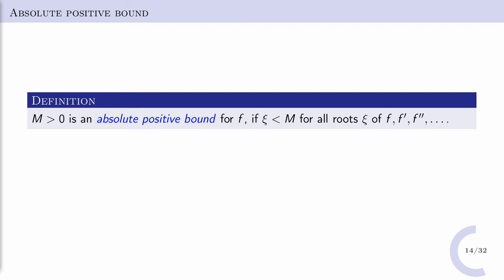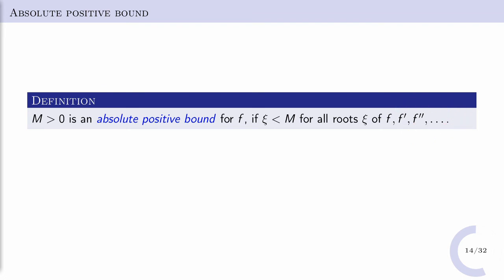We'll say that M is an absolute positive bound for the roots of f if all the roots are bounded from above by M, but not only the roots of f, but the roots of f, f prime, f bis, and so on and so on. So M is an absolute positive bound means that it is a bound for f and all its derivatives.